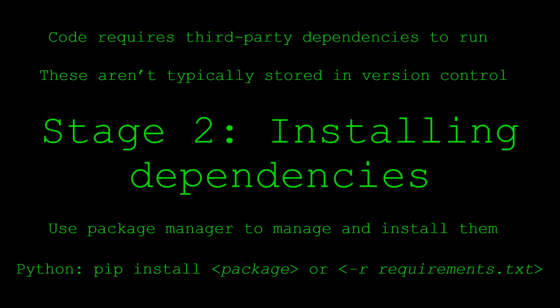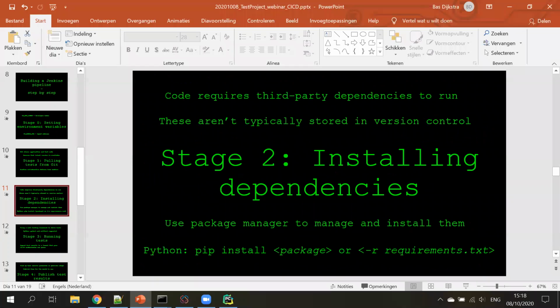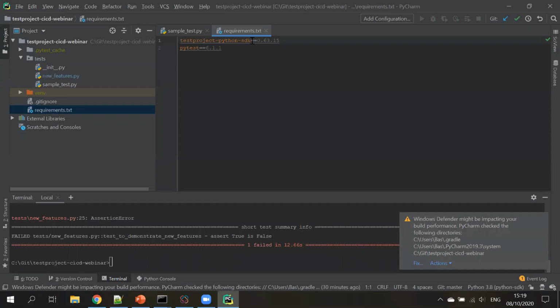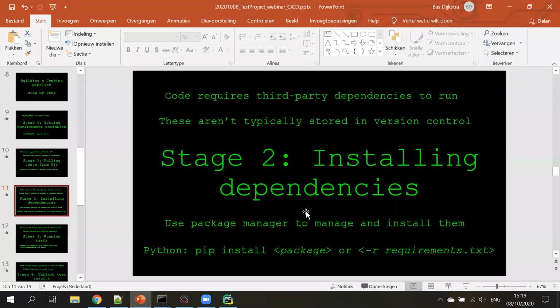And in this case, there are just two. It also allows you to specify specific versions of the packages. So in this case, I chose the latest version of the SDK, as well as the latest version of PyTest, at least at the moment of this webinar. And so it'll install those to make sure that those dependencies are available once we start running our tests.